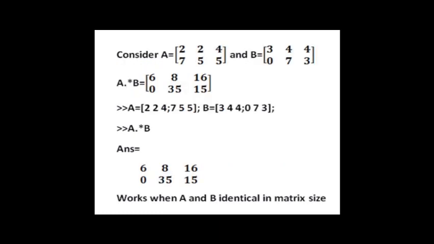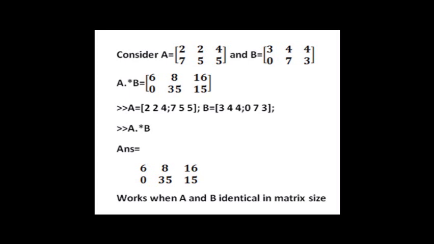In order to conduct the dot asterisk scalar operation, we need two identical size matrices, and if the sizes are not the same, we will receive an error message from MATLAB.